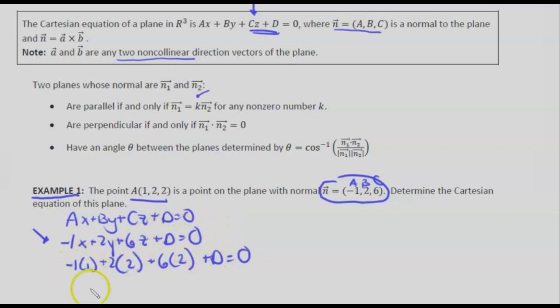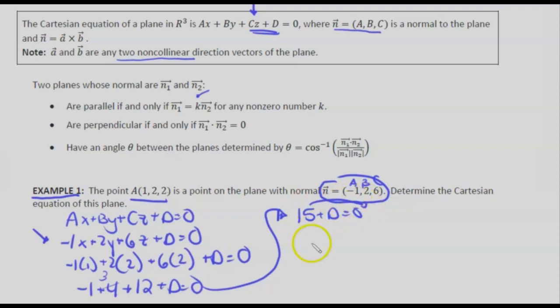So I get negative 1, plus 4, plus 12, plus d equals 0. Negative 1 plus 4 gives us 3, plus 12 is 15. So if we have 15 plus d equals 0, we bring the 15 over, and we get d equals negative 15. So we just found our d value.